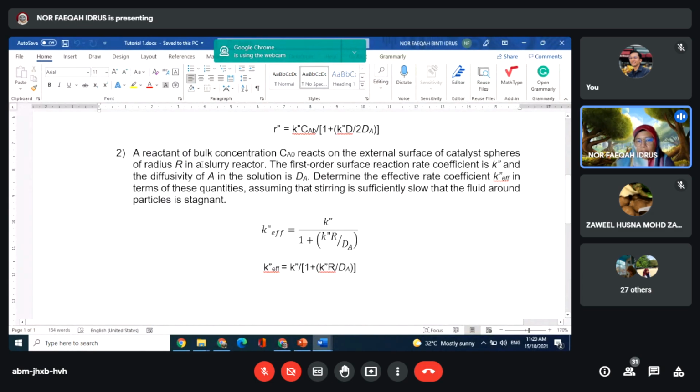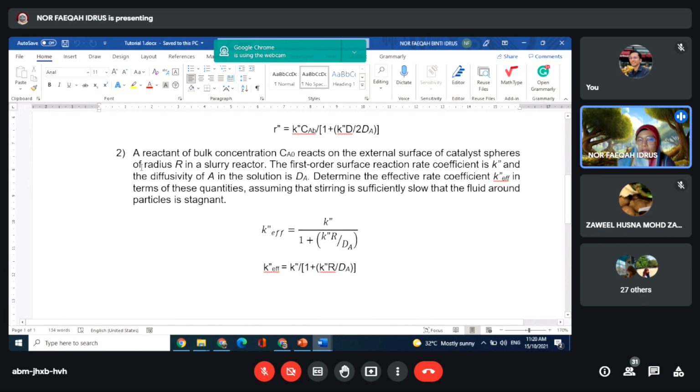Okay. A reactant of bulk concentration CA0 reacts on the external surface of catalyst spheres of radius r in a slurry reactor. So given the initial concentration at bulk fluid CA0, and then the diameter of catalyst spheres, dia bagi radius.